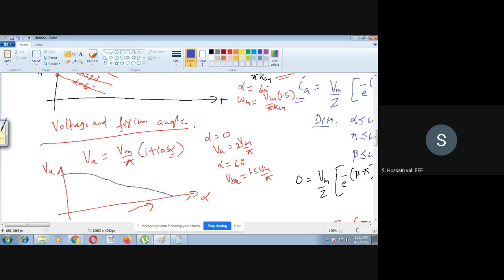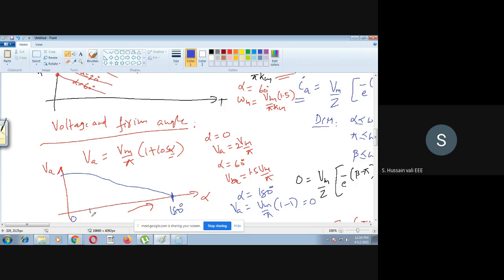Something like this, it decreases. So somewhere Va is equal to 0. For example, let me take alpha is equal to 180. So in this case, what is Va value? Va is equal to Vm by pi into 1 minus 1, so 0. So at this point, Va is equal to 0. What is that angle? 180.